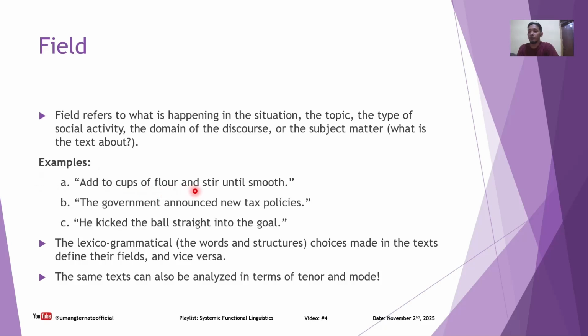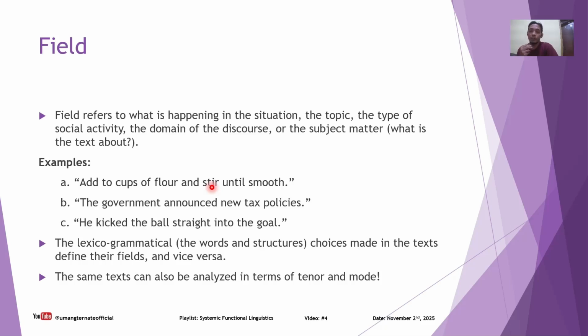Add 2 cups of flour and stir until smooth. The government announced new tax policies. He kicked the ball straight into the goal. So, based on these examples, we should be able to identify the field of each example. If we look at example A, we can identify that this seems to be a part of a recipe, okay?